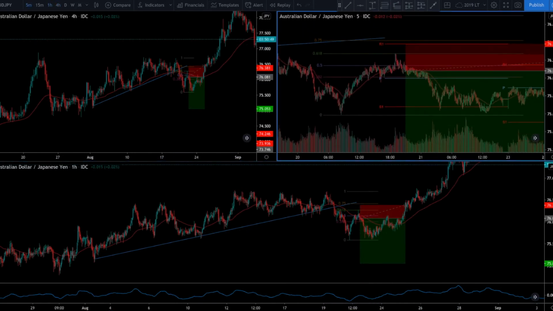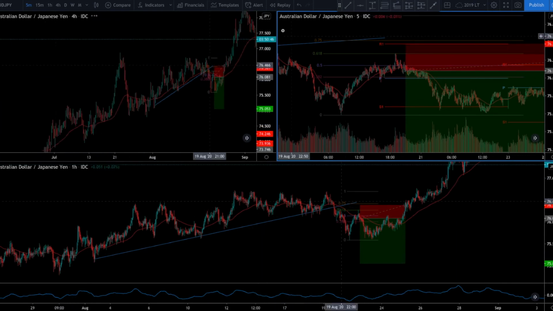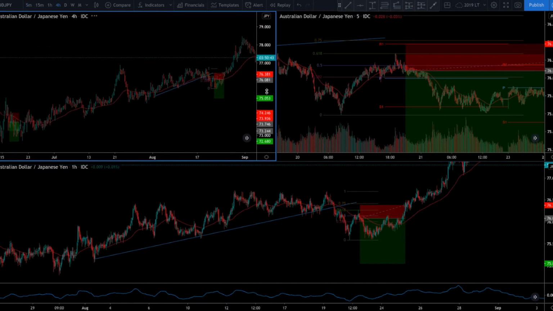Here we go. So you can see on the 4-hour, it was trending up for some time and was really just showing a good trend line and that same good resistance line that was on the daily.